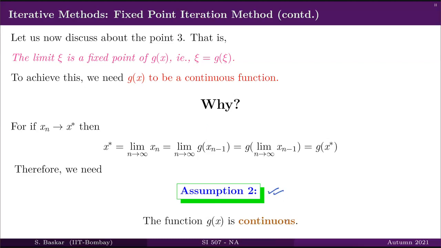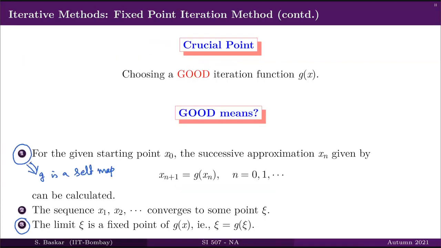So far, what we have learned is, when I go to choose a good iterative function to generate the fixed point iteration of my given nonlinear equation, I have to choose g so that it is a self-map and a continuous function. And now one more property we need in order to make sure that the sequence xn is a convergent sequence.